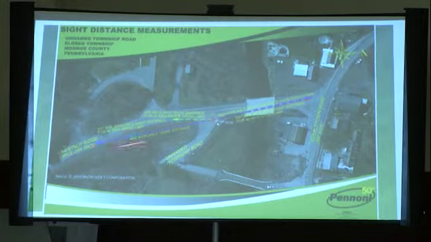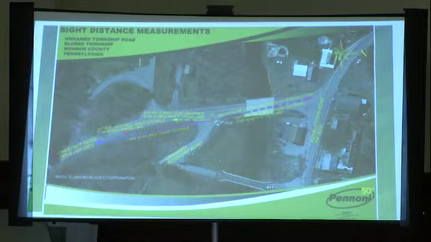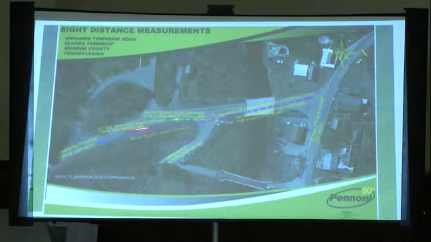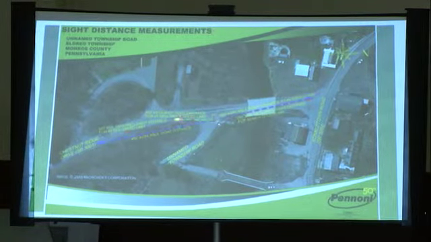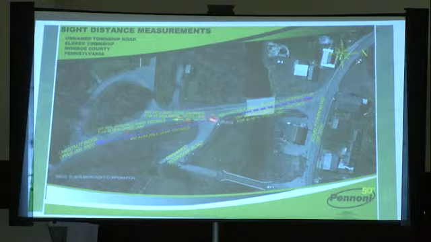The blue line is the available site distance. The red line is the minimum required stopping site distance based on the speed limit. And then there's this little green line that is the minimum stopping sight distance because there is a 25-mile-an-hour truck speed for any trucks that will be heading south on Chestnut Ridge Drive. And that is a regulatory posting, not a warning sign.